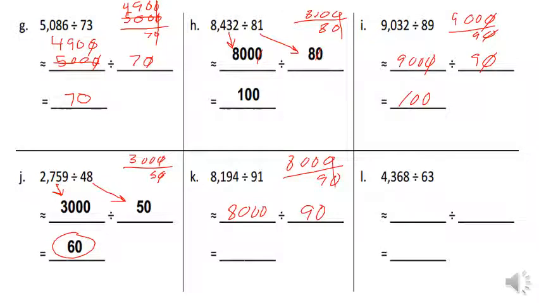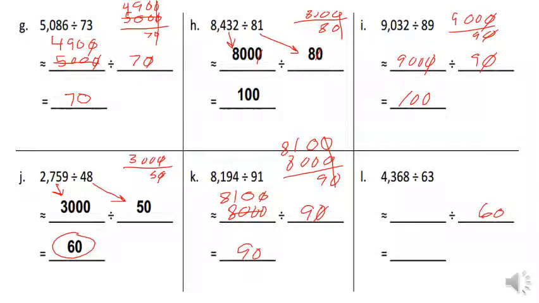When we do our fraction, we end up with 800 divided by 9. Well, I know the closest multiple is going to be 81, so we're going to take this to 8,100, take out our multiple. Now we have 810 divided by 9, which is going to be 90.